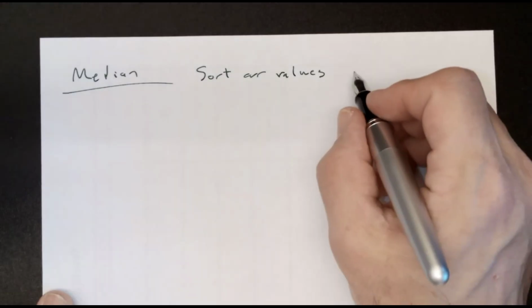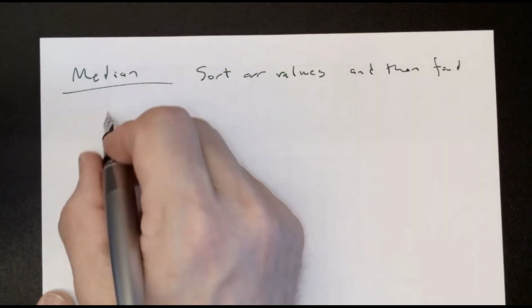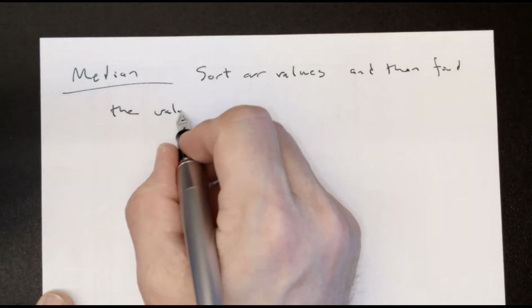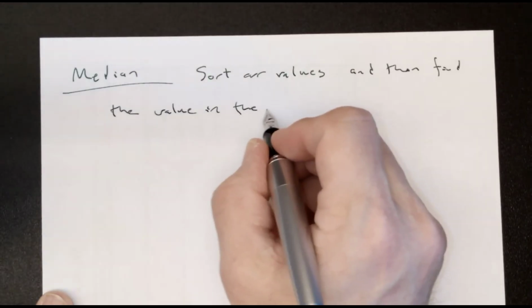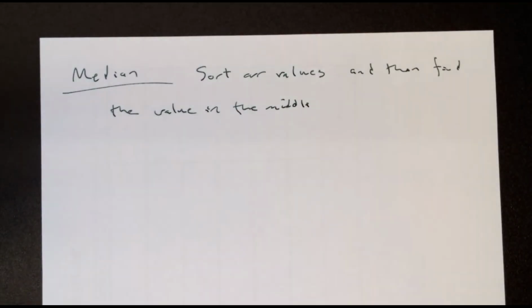But sort the values and then find the value in the middle. Physically in the middle. That means we'll divide the half that's low from the half that's high, like the road is divided on the left side and the right side by the stripe down the middle, the median. Perfect.